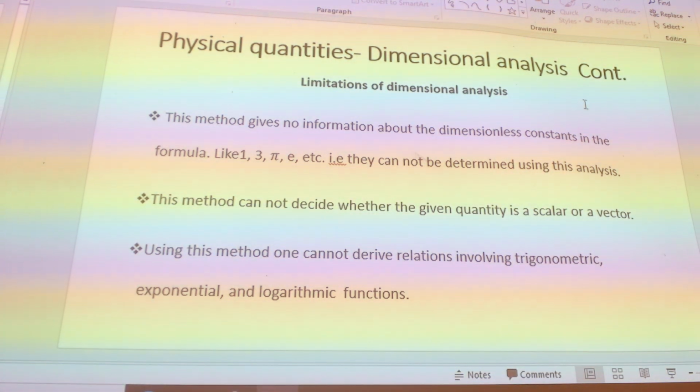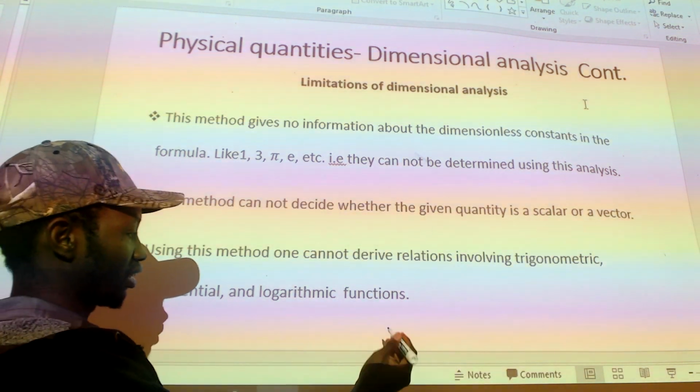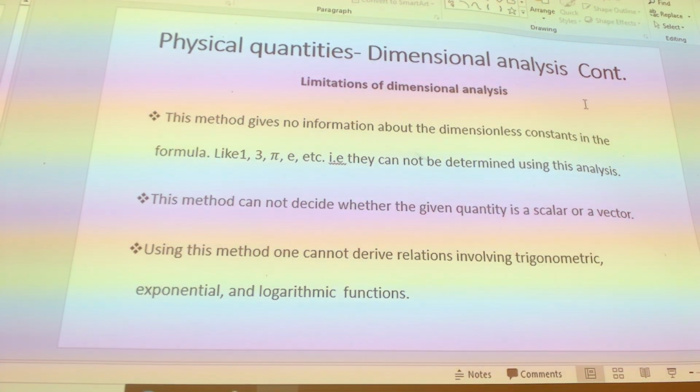If we consider the formula for the period of a pendulum, the period t depends on two quantities: the length and gravity. In equation form, the periodic time of a simple pendulum is t equals 2 pi times the square root of L divided by g.